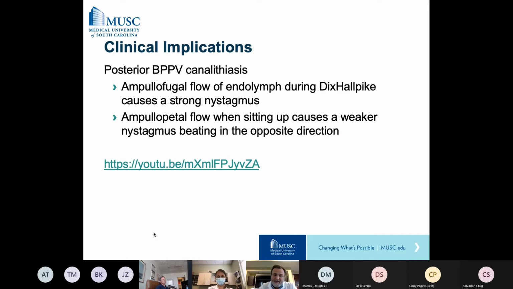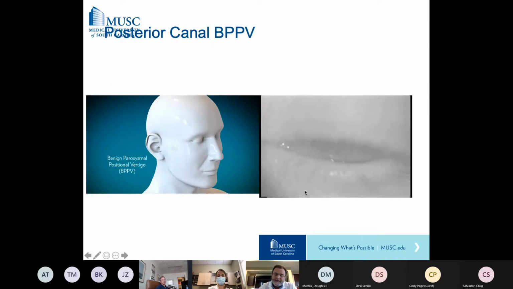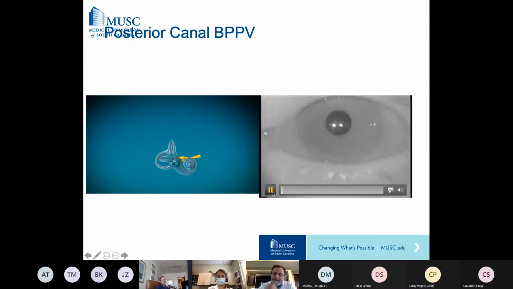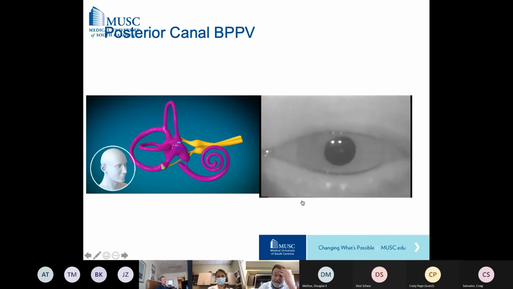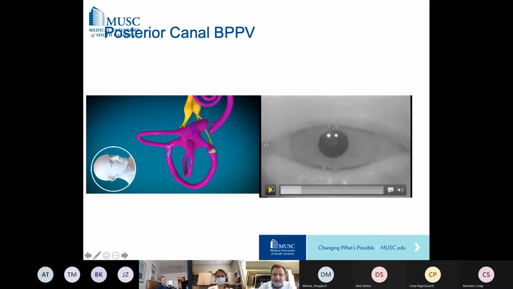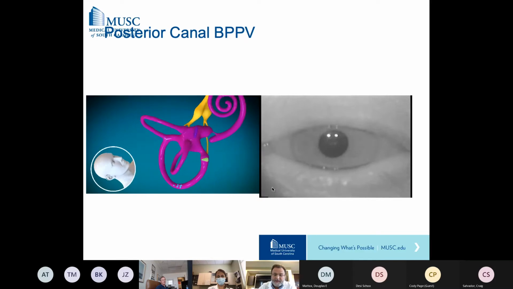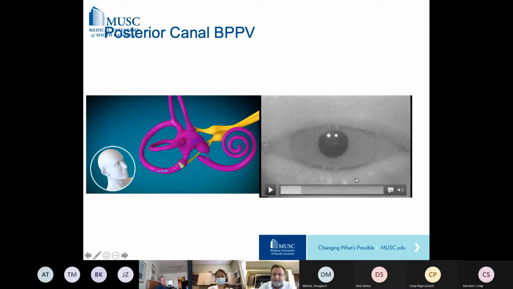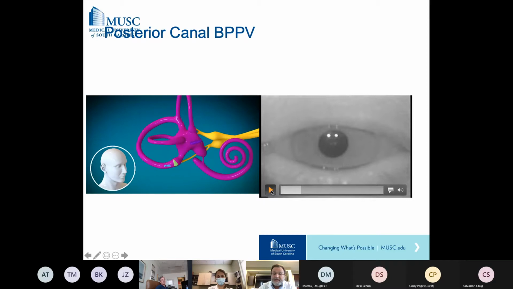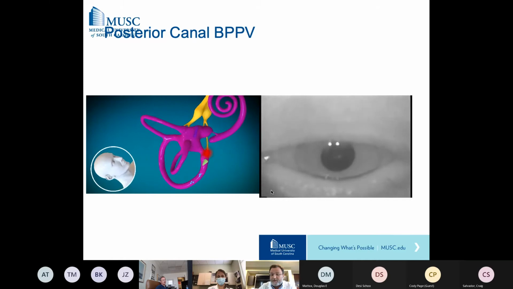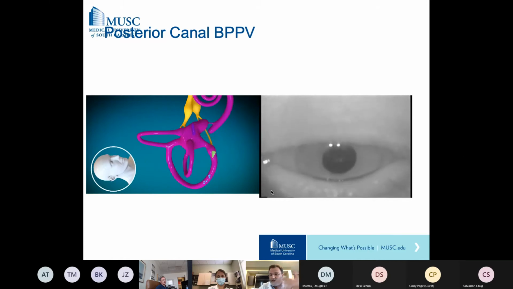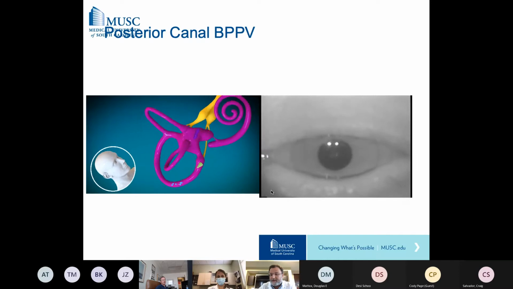So this is what a BPPV would look like when we look at the animation. There you go. So when you lay the patient back for a Dix-Hallpike, the crystals get stuck in the posterior semicircular canal, and then when you put the patient again in the offending position, there will be a flow of endolymph away from the ampulla, which according to the third law of Ewald will cause more of a stimulation, and you will have an upbeat torsional nystagmus to show for.